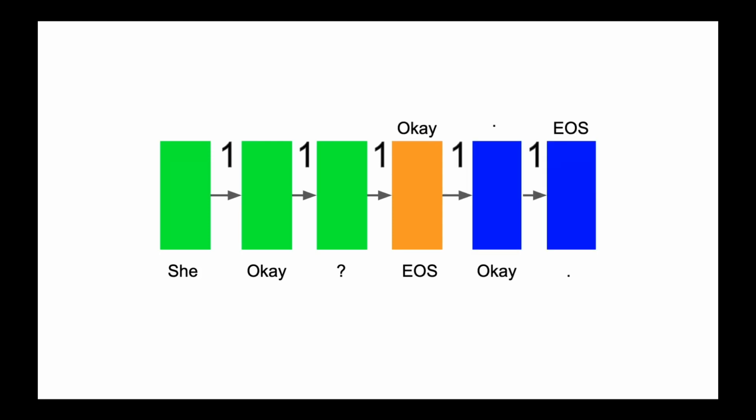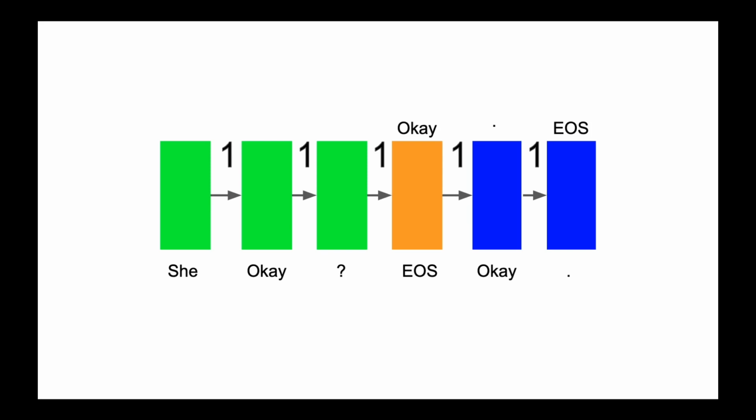And then it will try to figure out which of the words is the most important for it to give out and the highest probability. So EOS would give out "okay" as the highest probability word that is supposed to come next after "she okay."